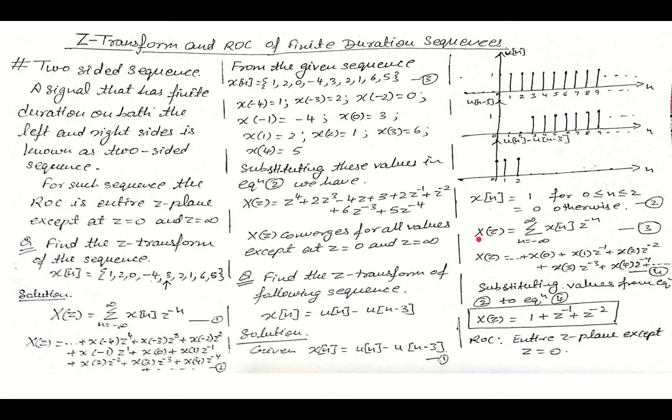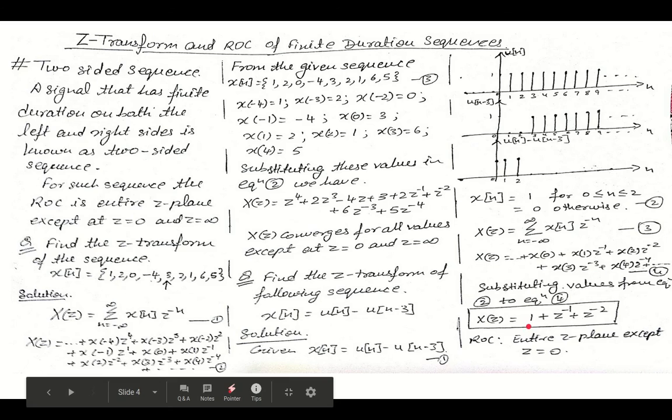If I put this in my Z transform equation, the sum from n equal to minus infinity to plus infinity of x[n] z to the power minus n, and expand it, I put x[0] as 1.